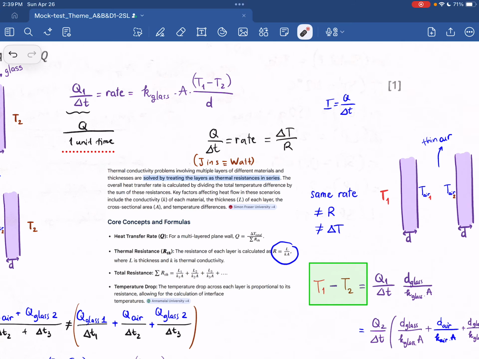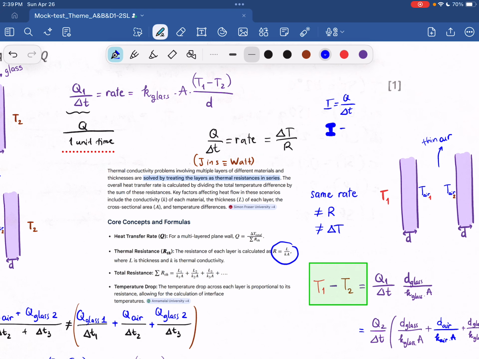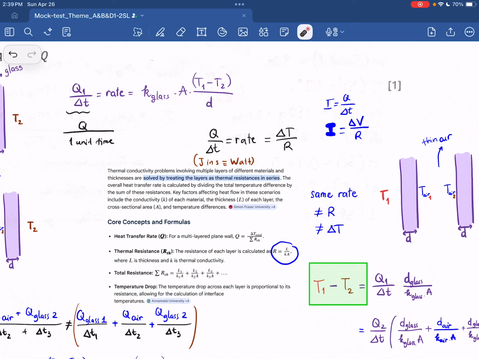And we want to say that, if you remember Ohm's law in an electrical circuit, you have the rate equal to the voltage drop, the difference in potential, over resistance, right? So you can see this is also the same rate, and then this is the drop in temperature.